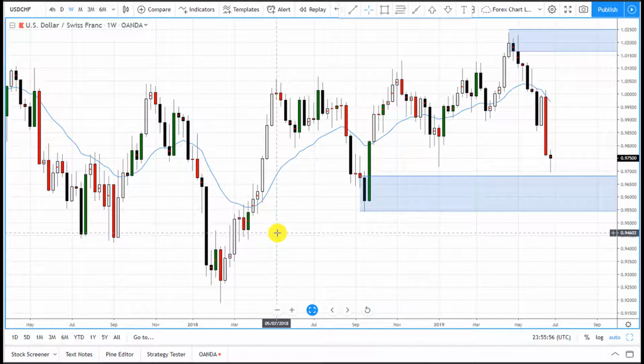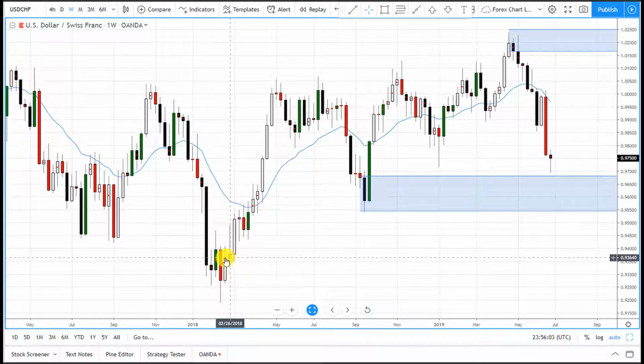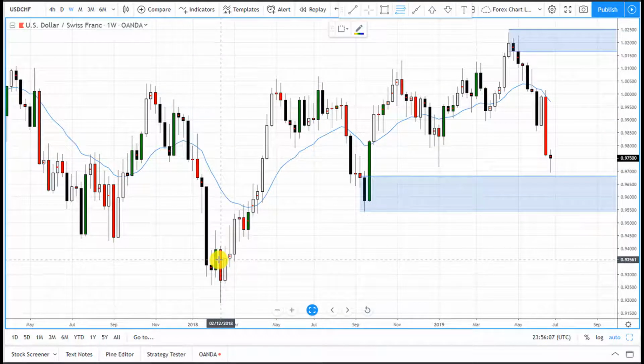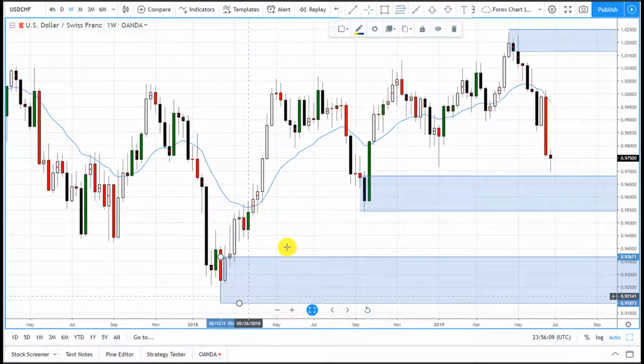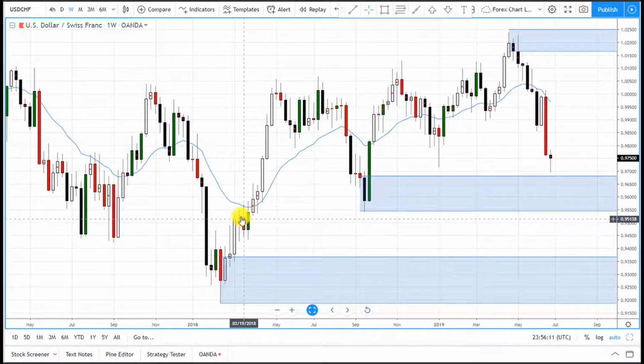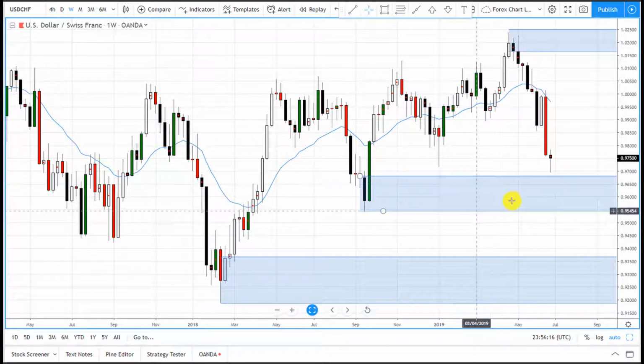Then looking to the left, we see that there is another demand zone right here and the demand zone right here, but I'm just going to draw the one down here, because we just know that there's a level within the level here.